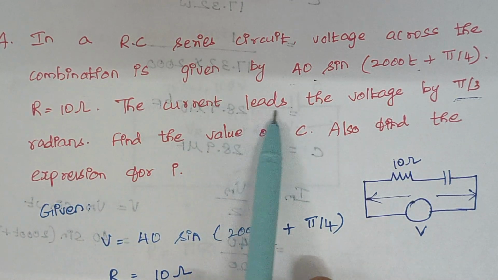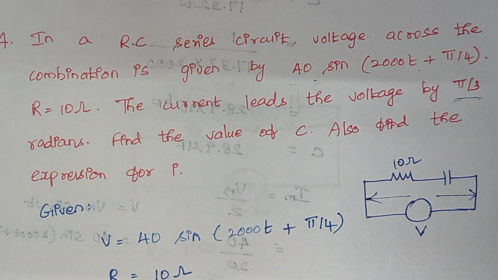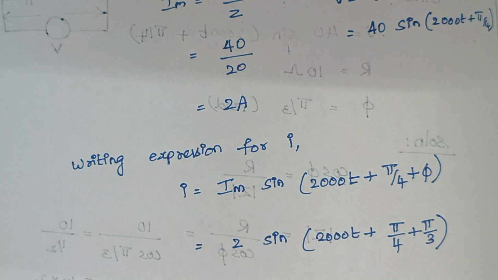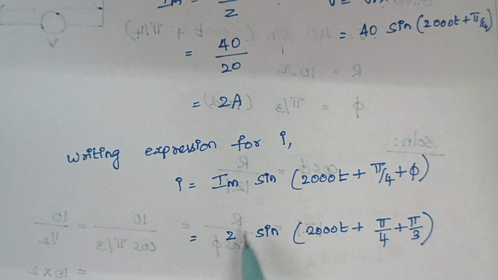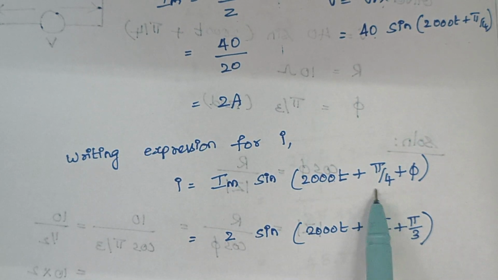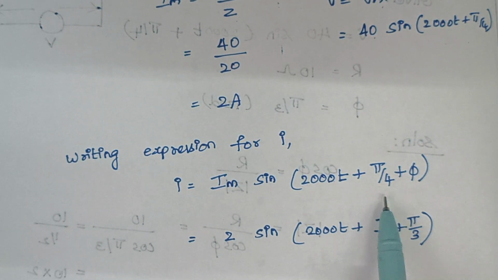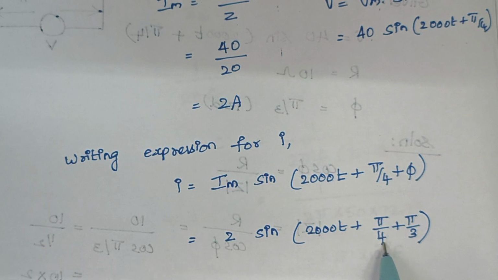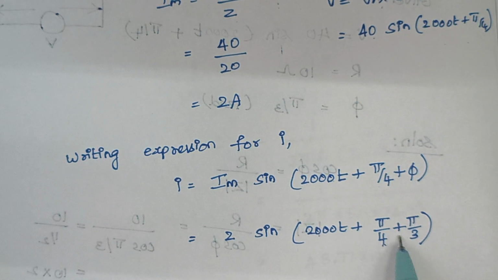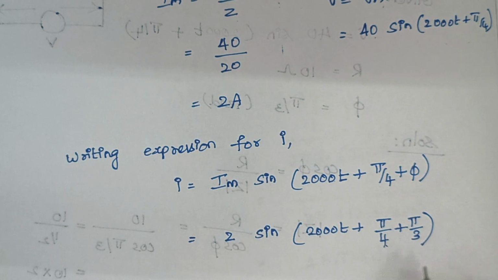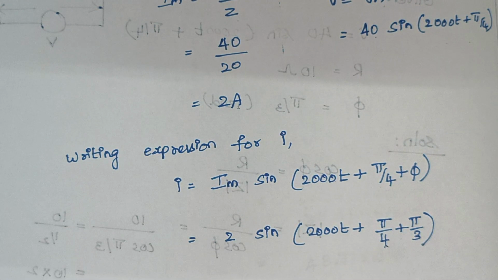That is, current leads, right? Therefore, here the value of phi is pi by 3, because the current is leading, therefore plus pi by 3, right? So this is our expression for I. And this problem gets over here.